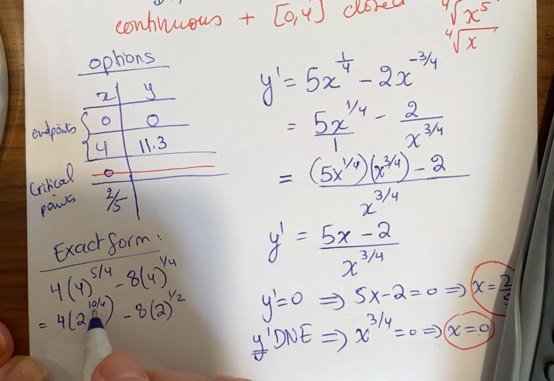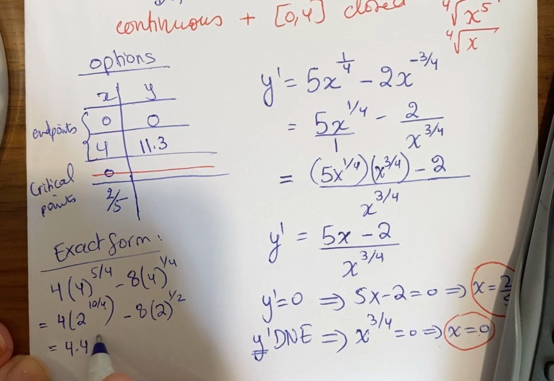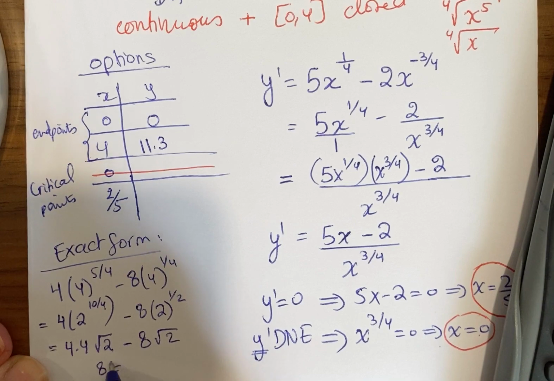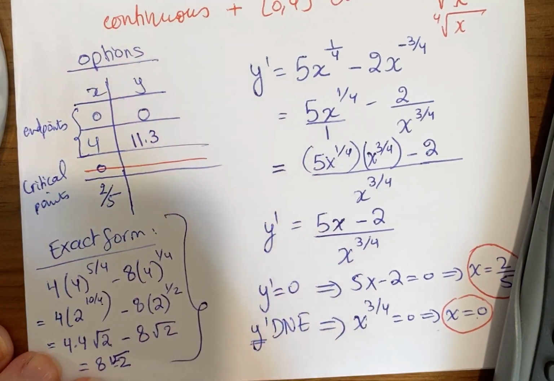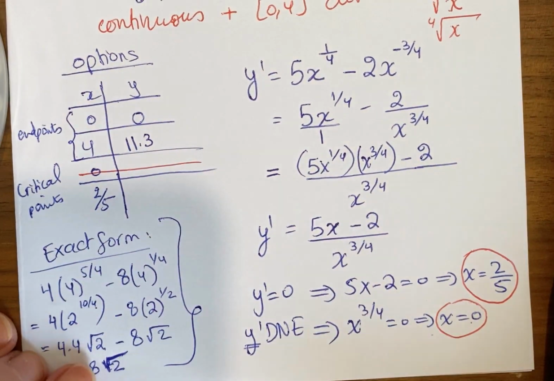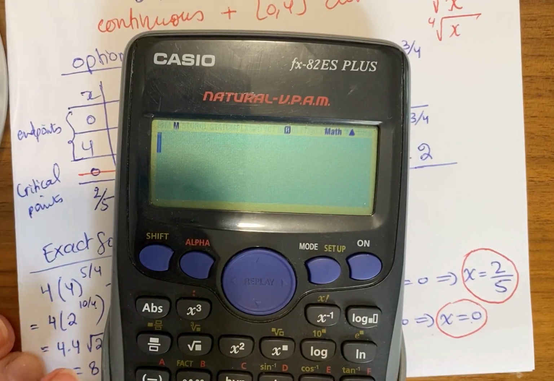So this is 5 over 2. 4 times 4 root 2 minus 8 root 2. So it's 8 root 2, the answer, if you want in exact form. Practice this. This is a lot of simplification of powers. The calculator, if you are lucky, will give you 8 root 2.